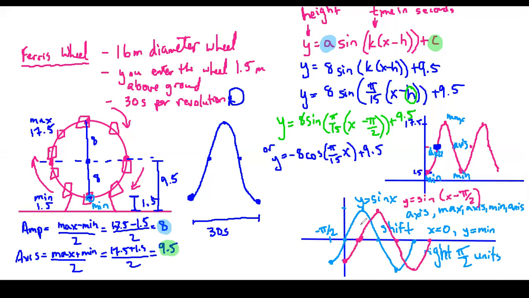And then it goes up through the axis. So if we have that starting point, then we can do those transformations of the horizontal compressions, the vertical stretch, the shift vertically, and then it will turn into that graph that we want that looks like the actual Ferris wheel.